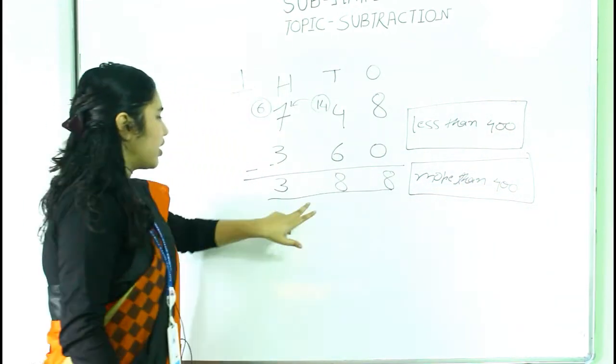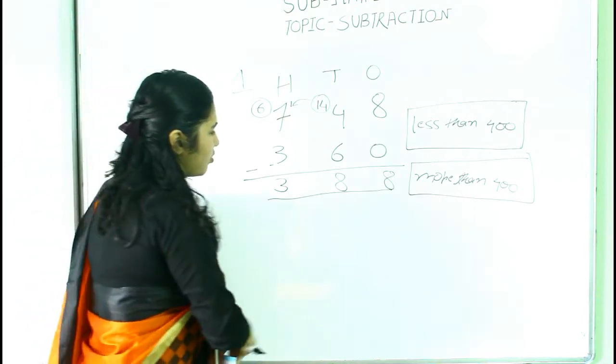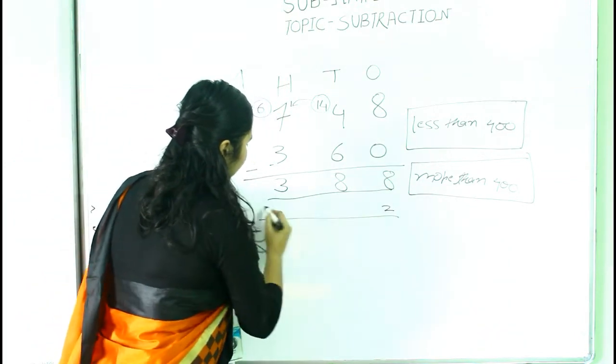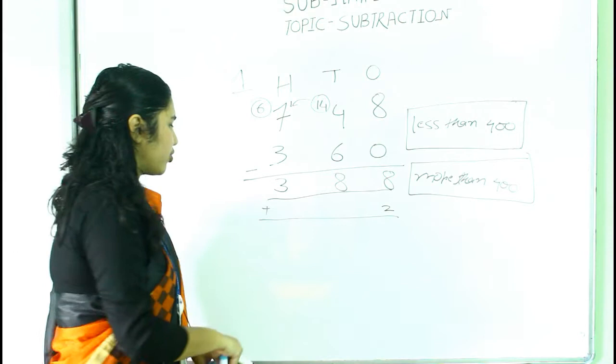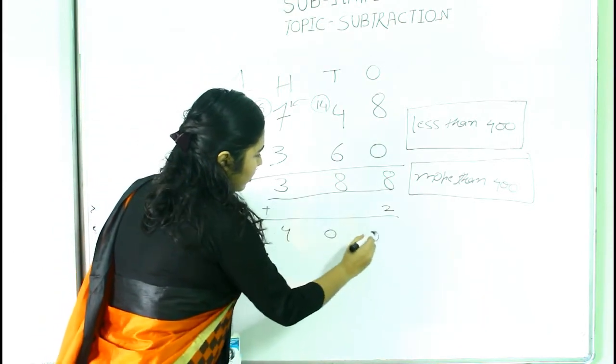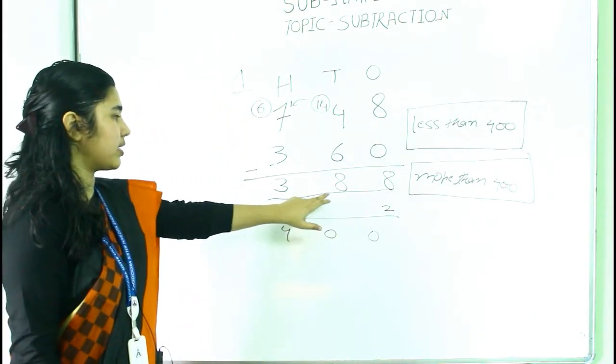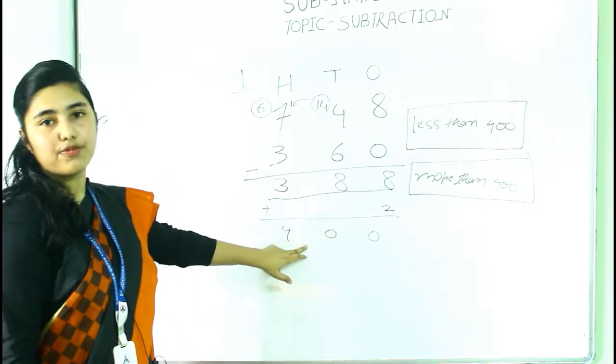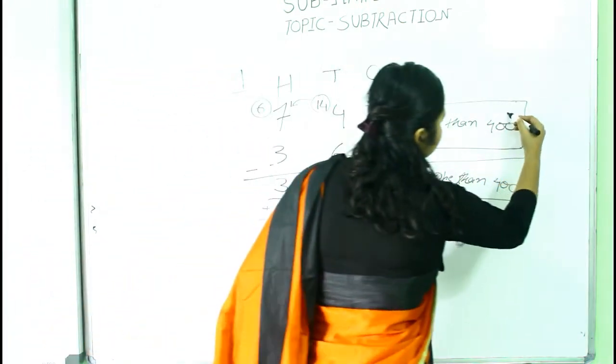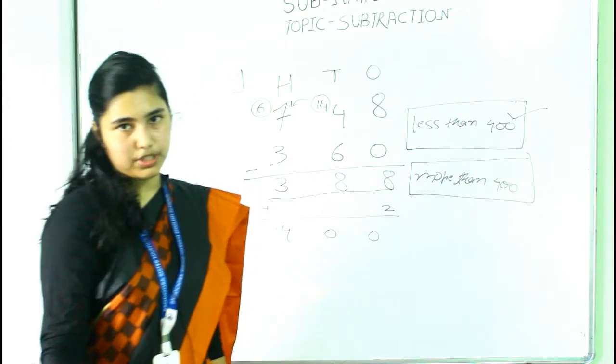Now if we add 2 with 388, we will get 400, right? That means 388 is less than 400. So this is the right option.